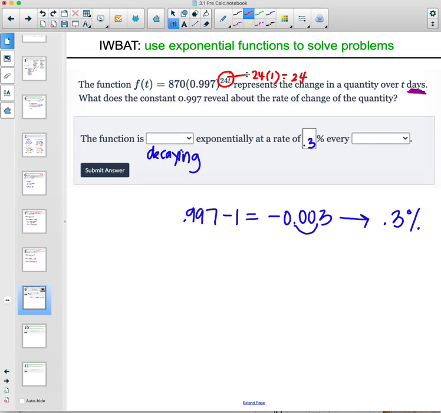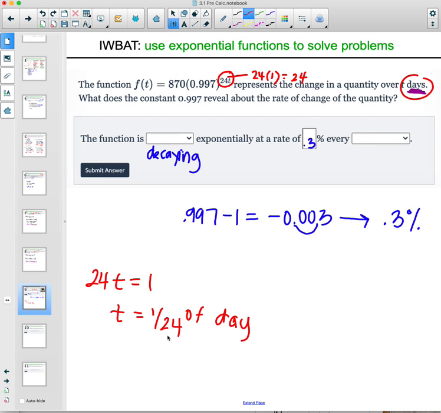We need that exponent to be 1 for this to decay at that rate. So we need 24t to equal 1. So t is going to equal 1/24. So 1/24 of a day.